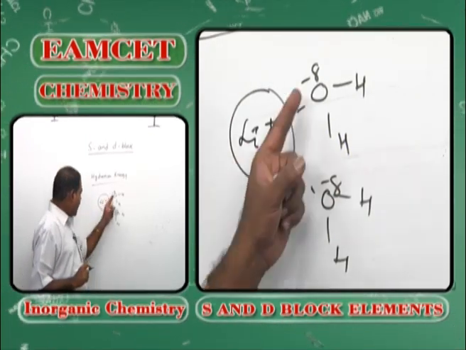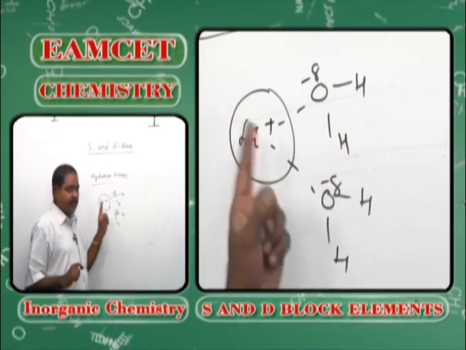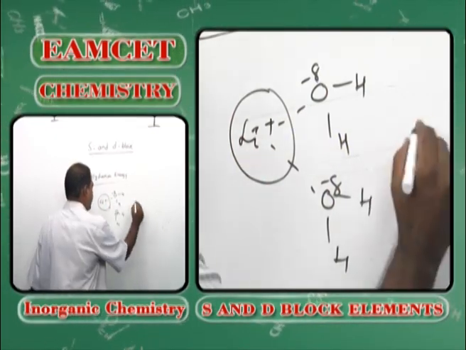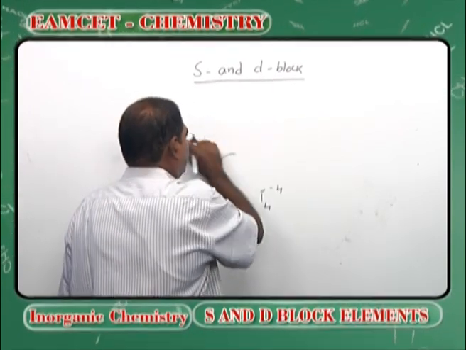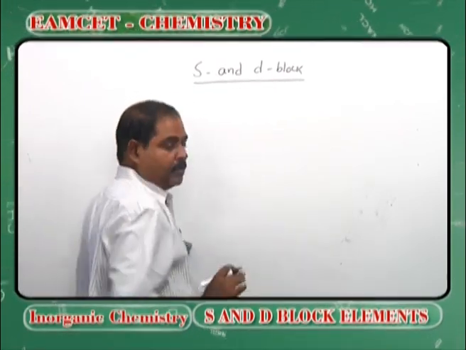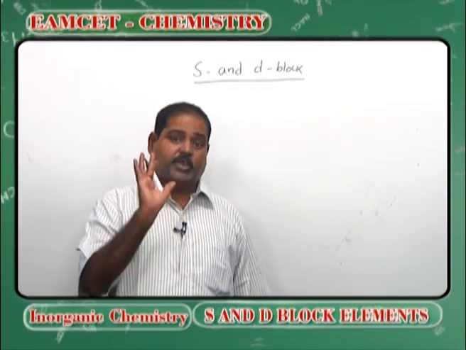Sometimes a dative bond may also be formed. In the case of lithium, you can even predict a dative bond, oxygen donating a lone pair. But in hydration, there is no guarantee of hydrogen bond formation.